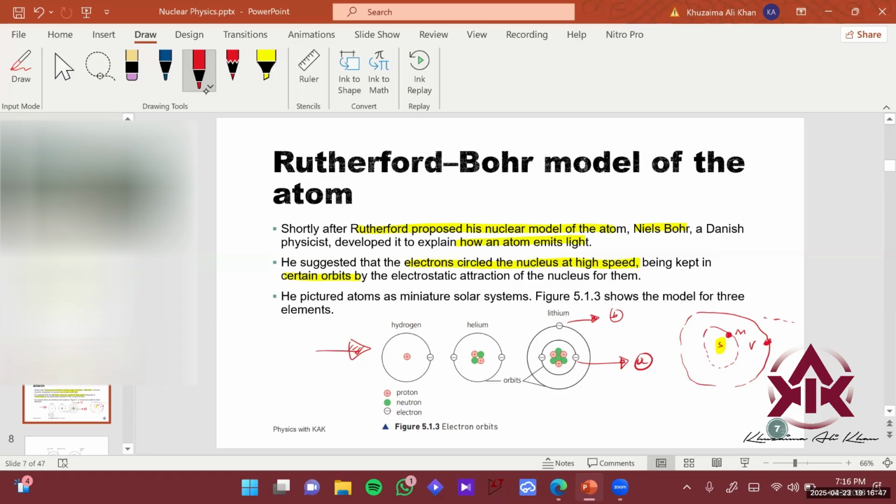So he pictured atoms as miniature solar systems, a small solar system over here. You can assume that we are a pattern within a pattern within a pattern, so everything is following a certain pattern, and that's how the universe is governed here.